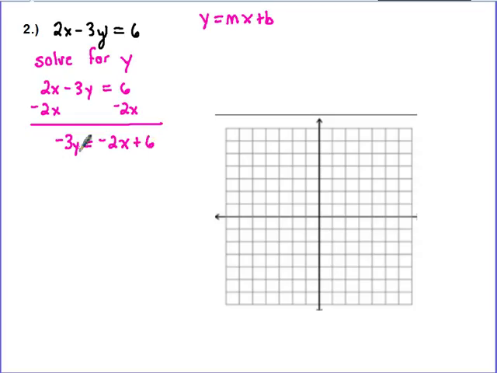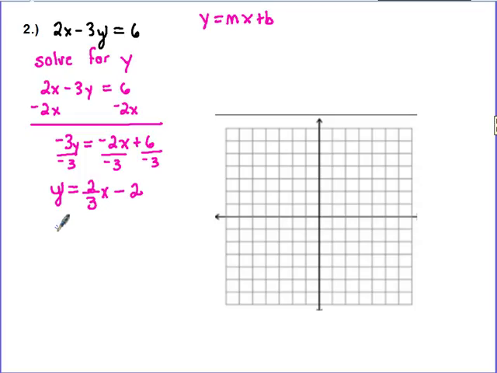And then the last step is I need to get y by itself, so I'll have to divide everything by negative 3. Be careful with your signs. Negative and a negative, that leaves me with y. Here I have a negative 2 over negative 3. That is a positive 2/3 x. But a positive 6 over negative 3 is a negative 2.